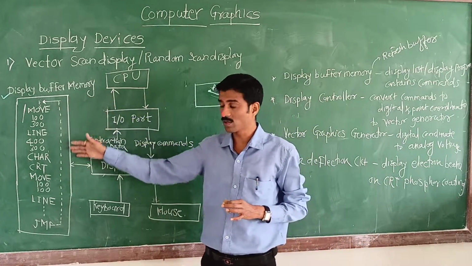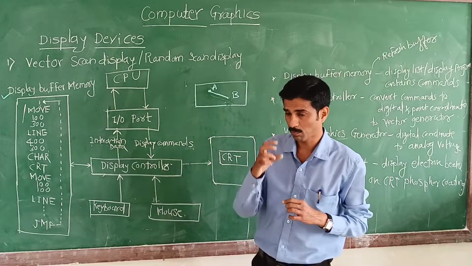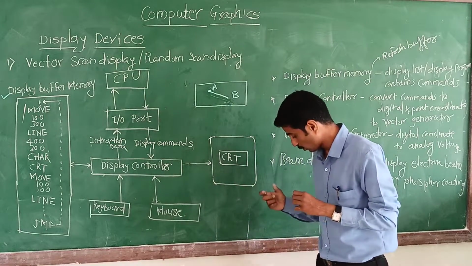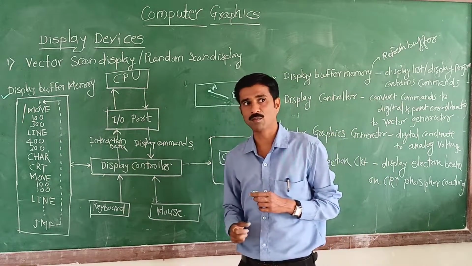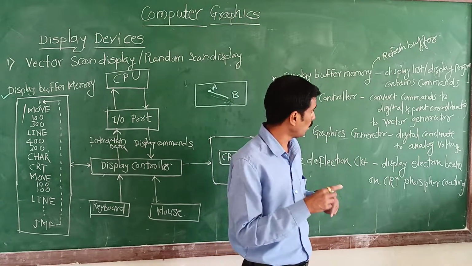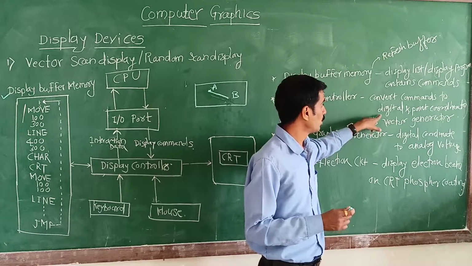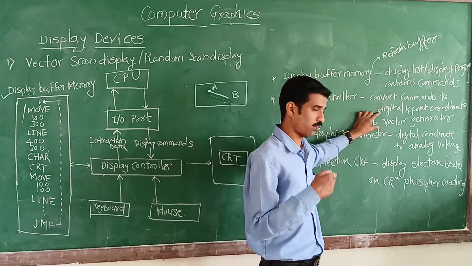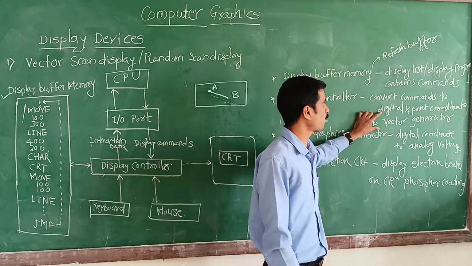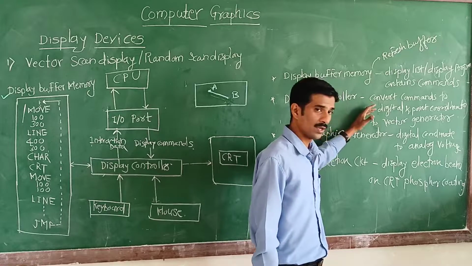There are some different commands, but the display controller plays the main role. It will read that command and interpret it, and convert these commands to digital format, digital coordinates, or digital endpoint coordinates.